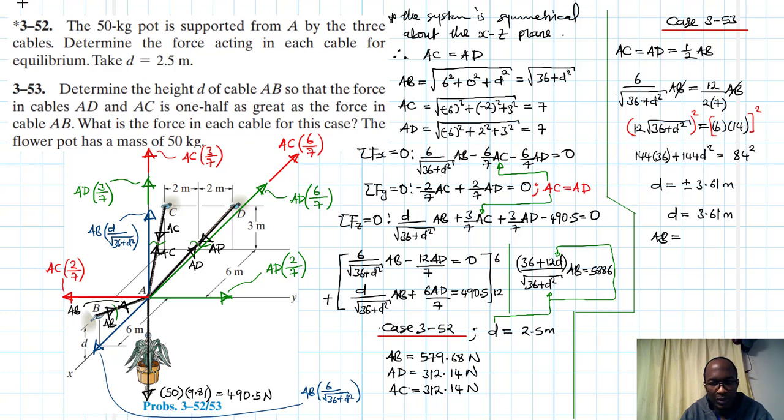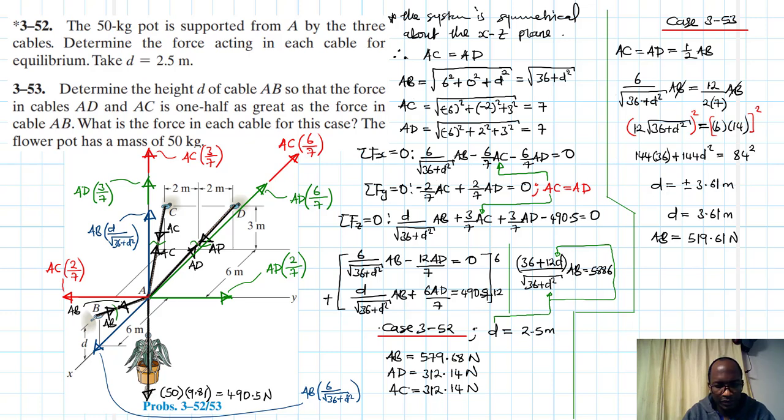Okay, and then we have 5886 divided by the answer. It gives us 519.61 newtons.